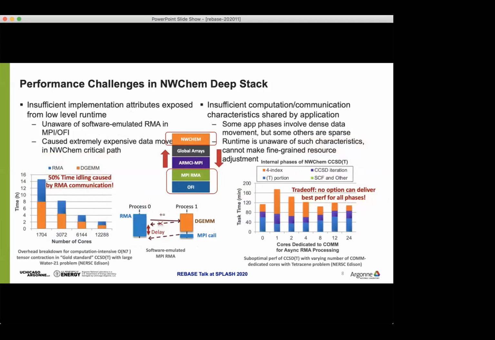But if we really look at the performance itself, it's really inefficient, I would say. There are several drawbacks we have already observed. One is that low-level communication subsystems like MPI and OFI don't expose their implementation features to the application layer.